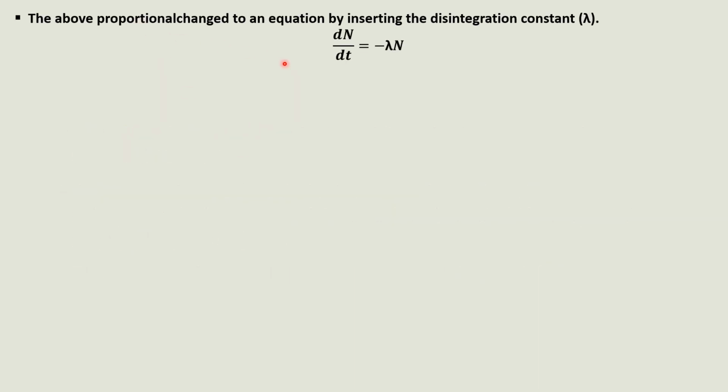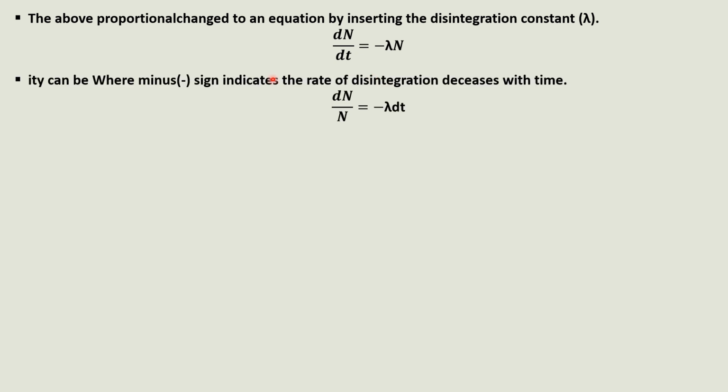The above proportionality changes to an equation by inserting the disintegration constant, that is dN by dt equals minus lambda N, where the minus sign indicates the rate of disintegration decreases with time. We rearrange this equation in the form dN by N equals minus lambda dt. After that we integrate both sides with limits N naught to N: integral of dN by N equals minus lambda dt.